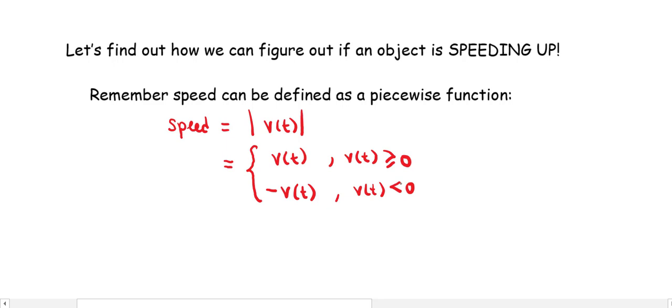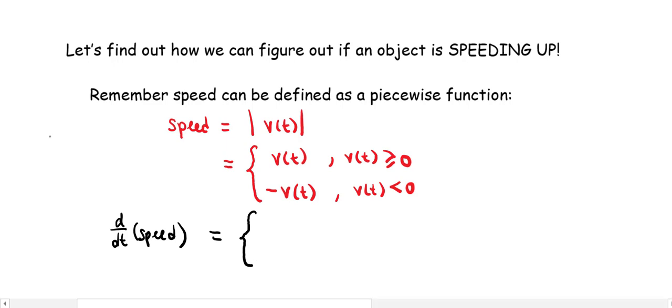Now, we said earlier that we're talking about the derivative of speed, so we better figure out the derivative of speed. The derivative of speed, d/dt of speed, becomes the derivative of that piecewise function. Well, what's the derivative of velocity?